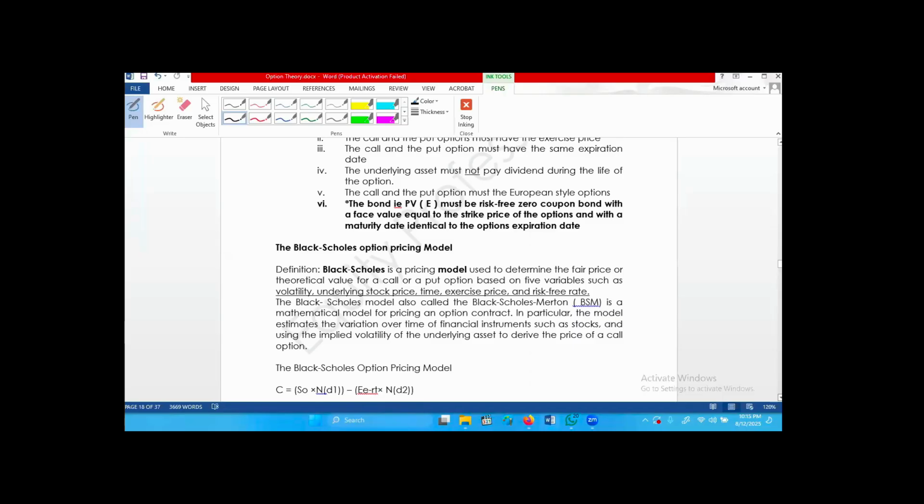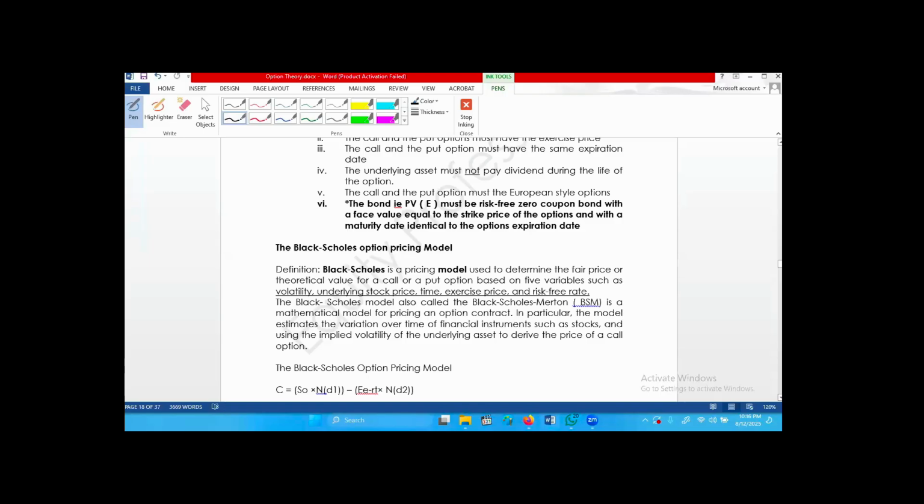To calculate the value of an option, or the price of an option. What is the value of an option? What is the price of the option? That is the premium paid. Option value and option price is the premium payable.